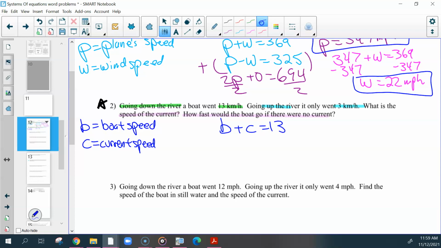Minus C equals 3. Yes, Cody. We're gonna graph, yes. Yes, we're gonna graph. So I'm gonna change all this in a second.